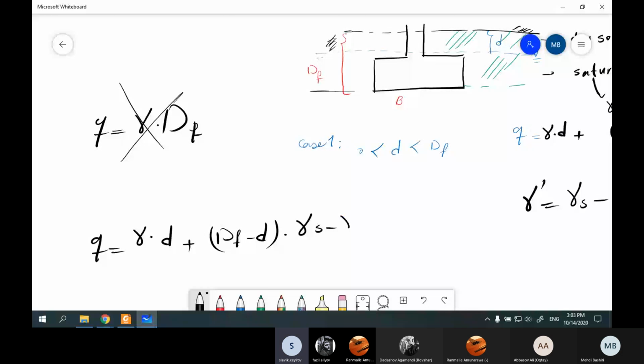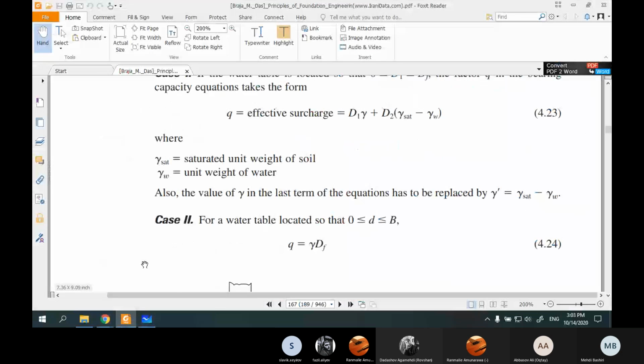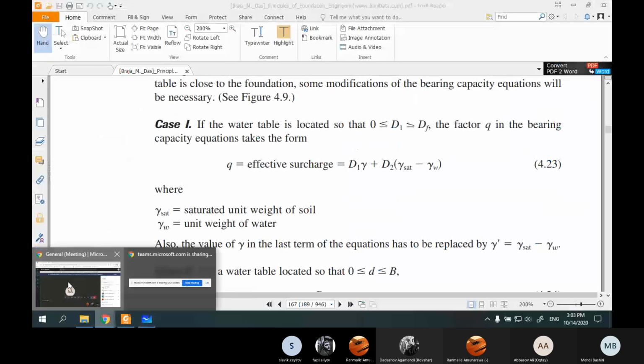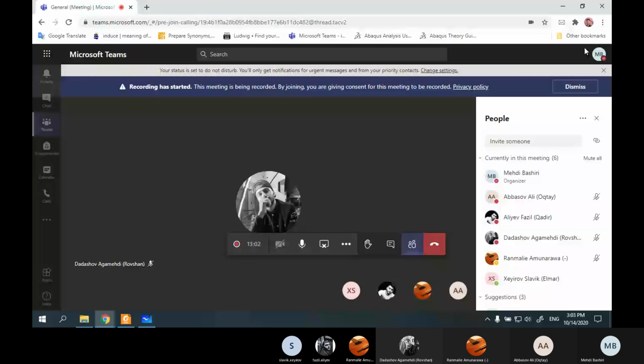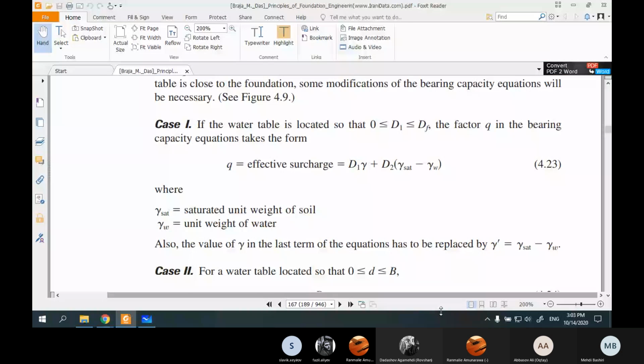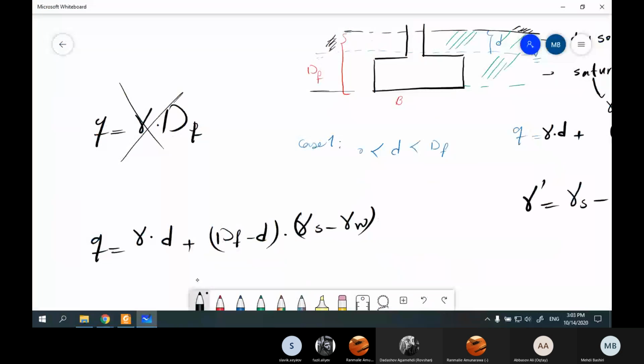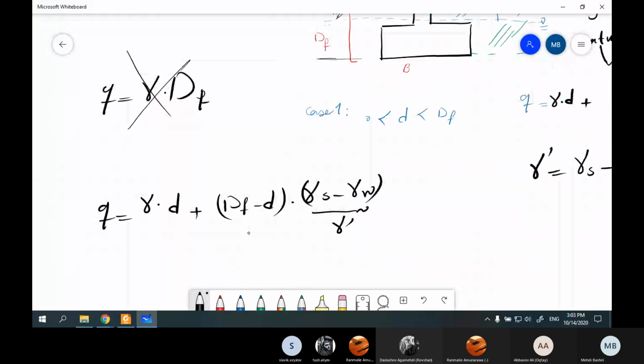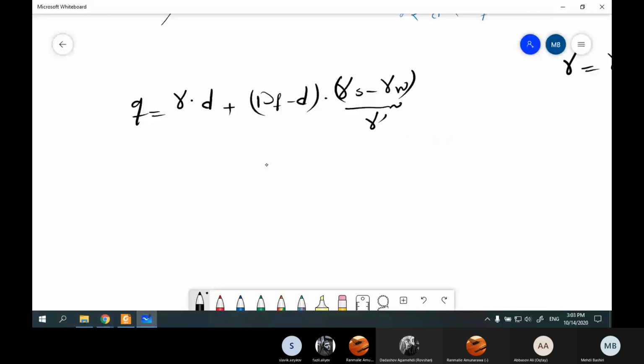We call this gamma prime or gamma submerged. This is for the q term.